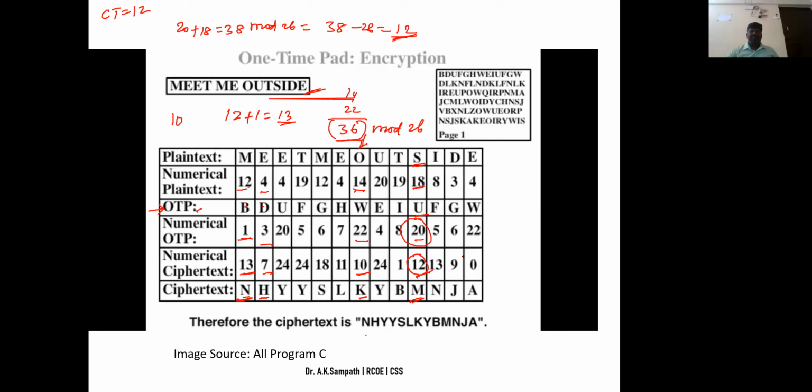Ciphertext value is equal to 12 and the key value is 20. How will you do that? Any idea?